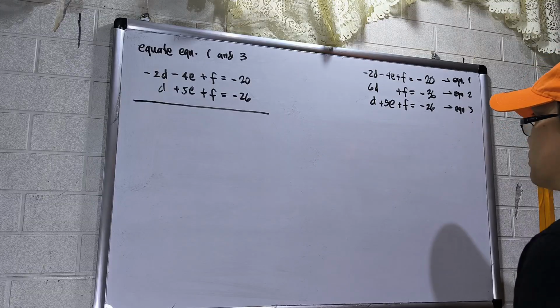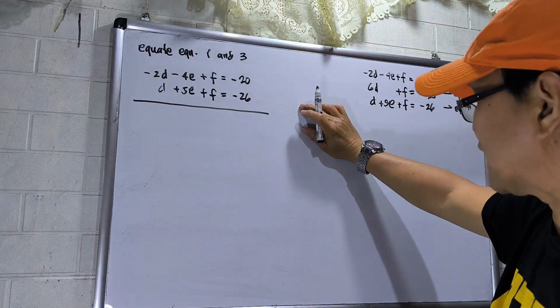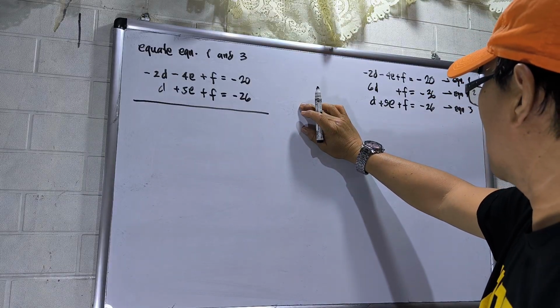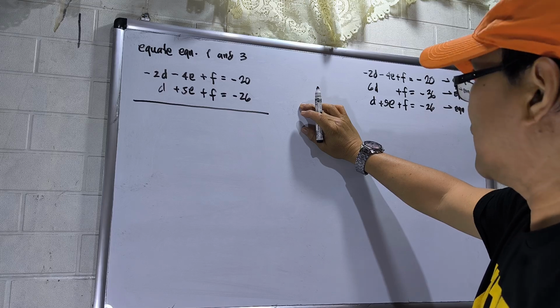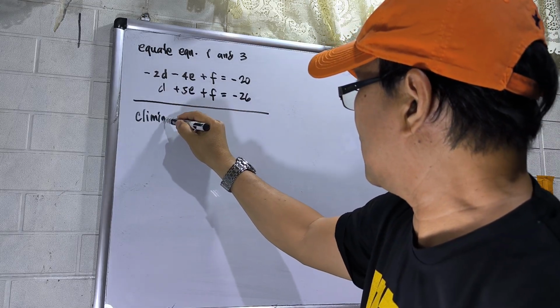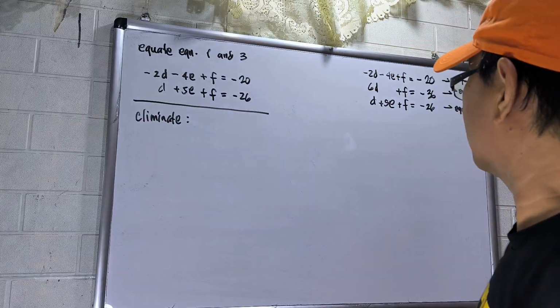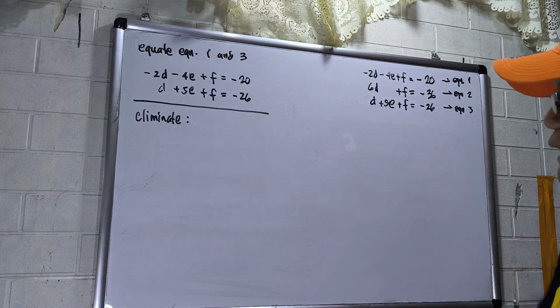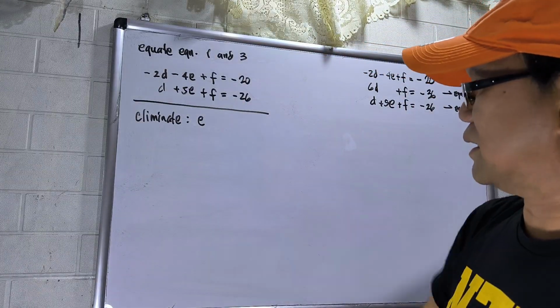Okay, this is the elimination method. So eliminate what variable? Eliminate e. Okay, so take note, eliminate e.